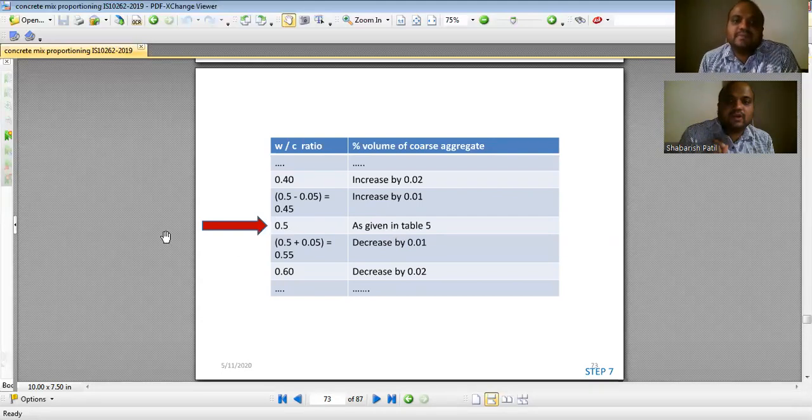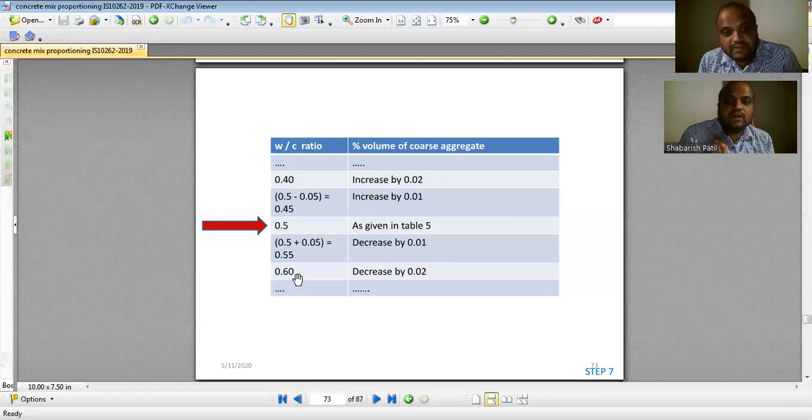If my water cement ratio is 0.55, that is an increase of 0.05, then I have to decrease my coarse aggregate by 0.01. For every increase of 0.05 in water cement ratio, we have to decrease the volume of coarse aggregate by 0.01.